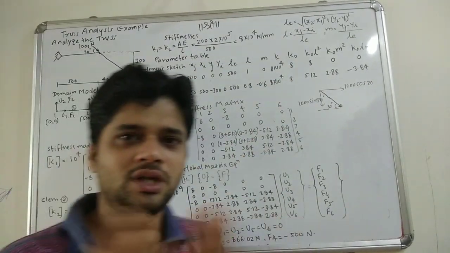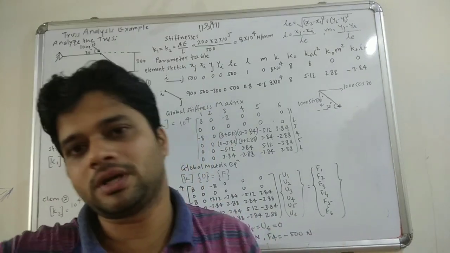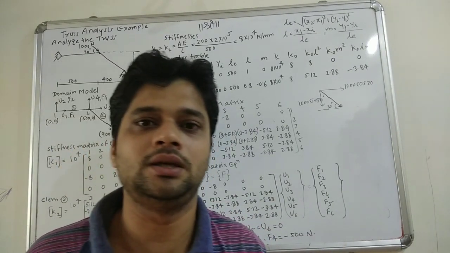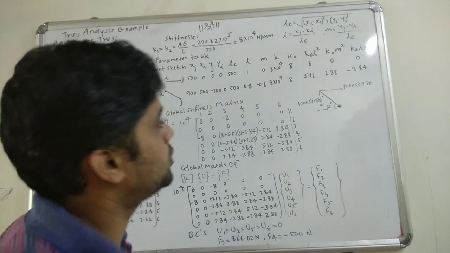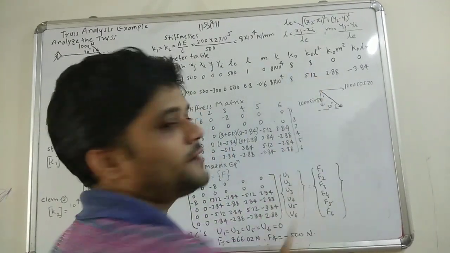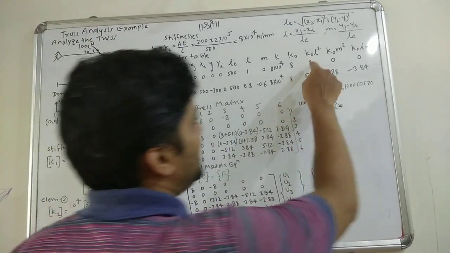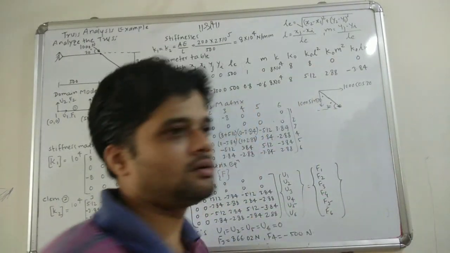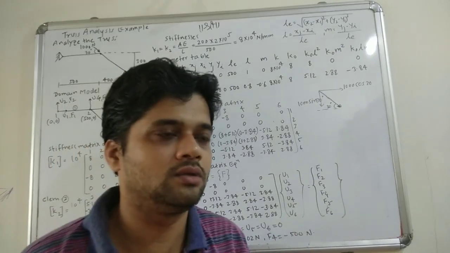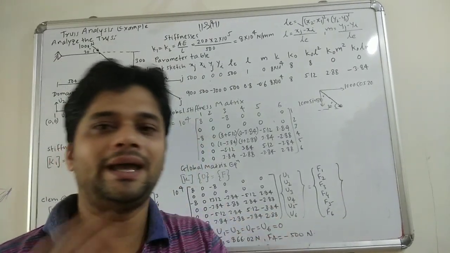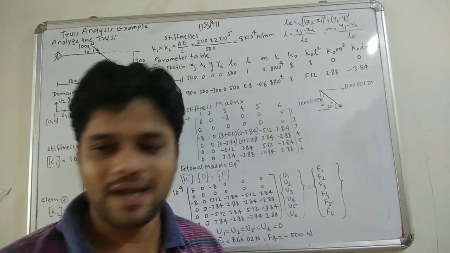Just to reduce the big numbers which appear in the stiffness matrix, we consider the uncommon factor inside the matrix and rewrite this matrix, which is of the order L square, Lm, Lm, M square, and it repeats.